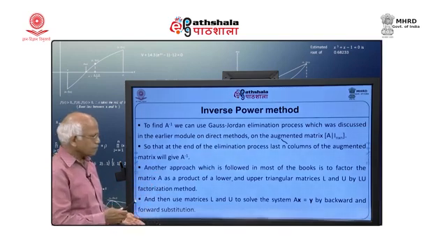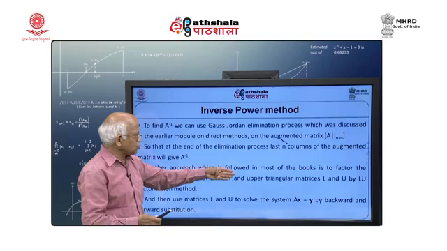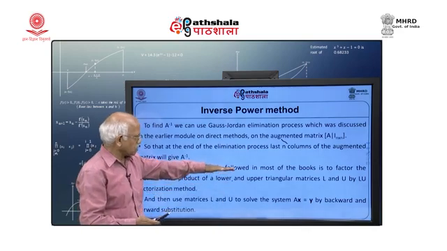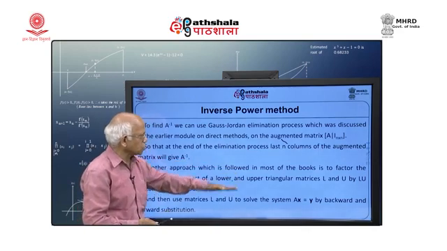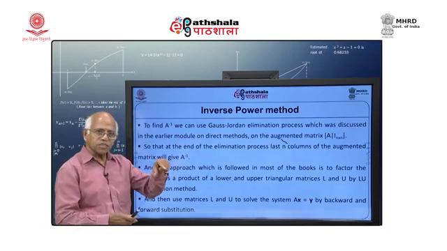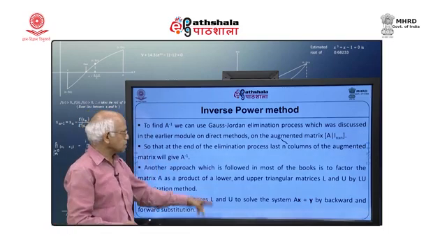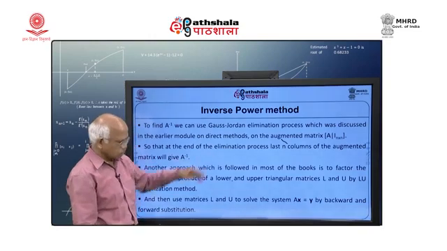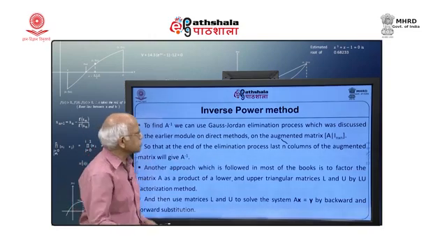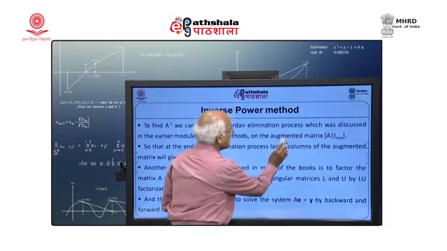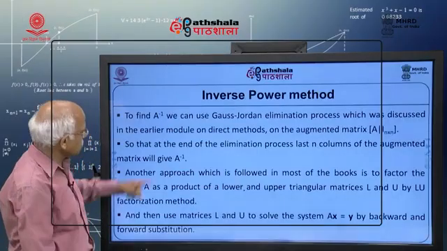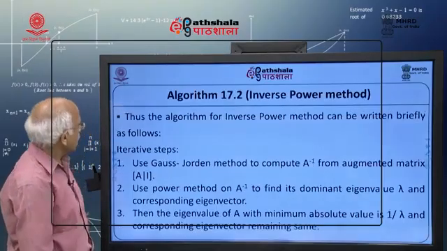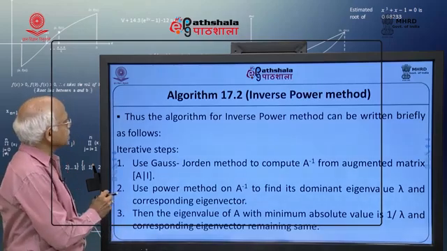Most of the algorithms in books solve the system in each iteration using these factors L and U, but we will follow the Gauss-Jordan approach because we already discussed this particular method earlier.